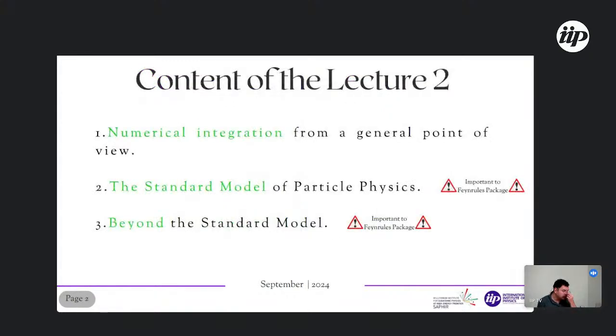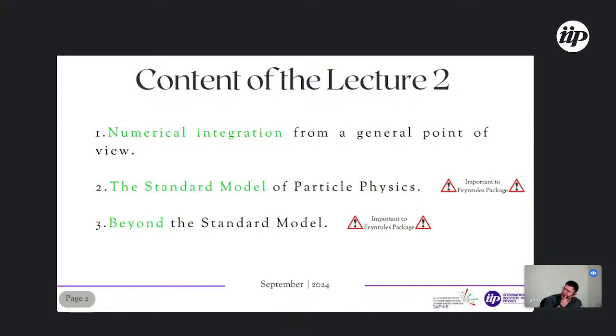This is the content of the lecture this morning, which I separate into 3 parts. The first part is numerical integration, where we are going to use Python to show how some of the most important numerical integration methods work, like trapezoidal, Simpson rule, Riemann sum, and the most important one that Monte Carlo event generators use, the Monte Carlo method.